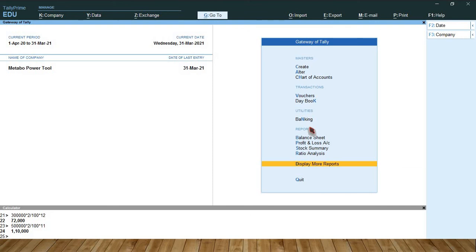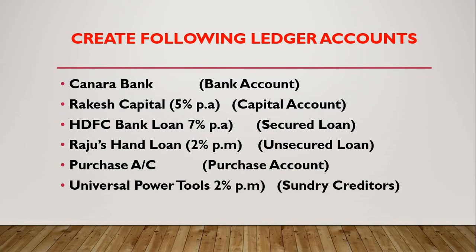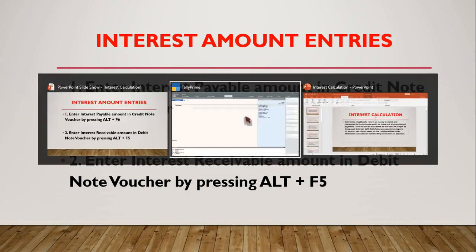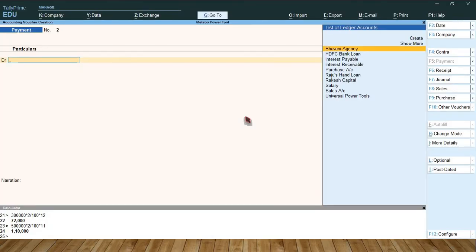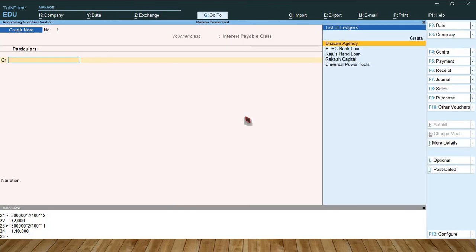So come to the gateway of Tally, select vouchers. So this is for your reference. See, enter interest payable amount in credit note voucher by pressing Alt plus F6. So interest payable, that is credit note, Alt F6. Press Alt F6. Select interest payable class.